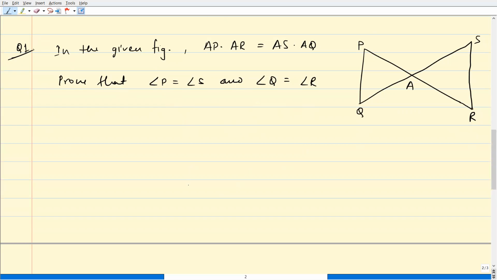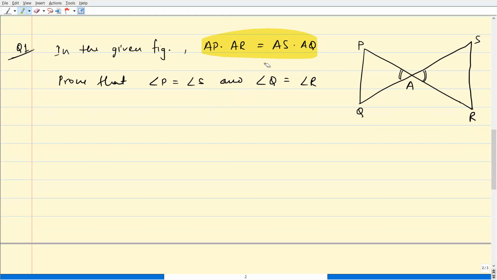Sir, from triangle PAQ and triangle SAR, I took angle PAQ and SAR as equal, sir, because they are vertically opposite angles. Yes, very good. These two angles are equal because they are vertically opposite angles. Excellent. What else? How did you get the sides? From the given, sir, AP into AR, I transferred the AS to the left hand side and AR to the right hand side.